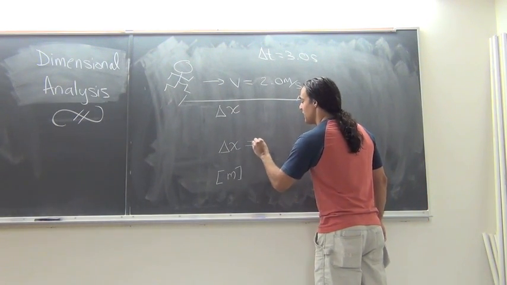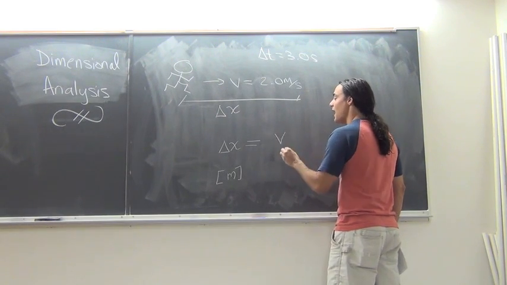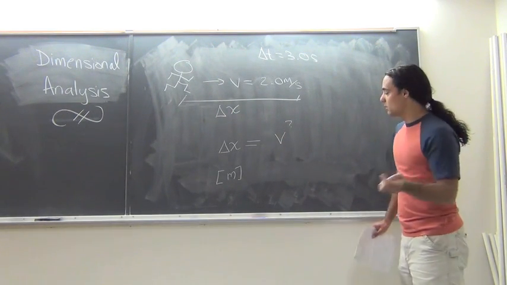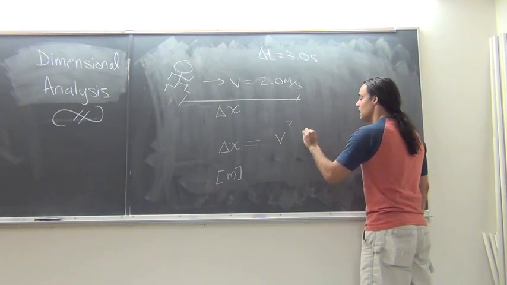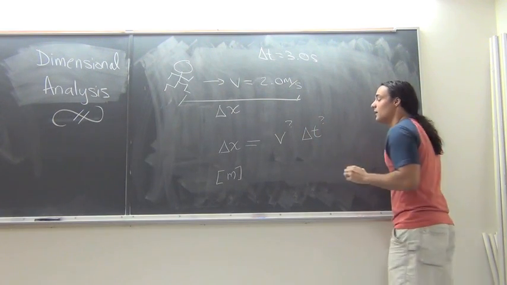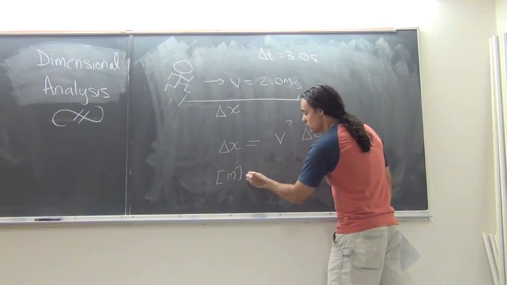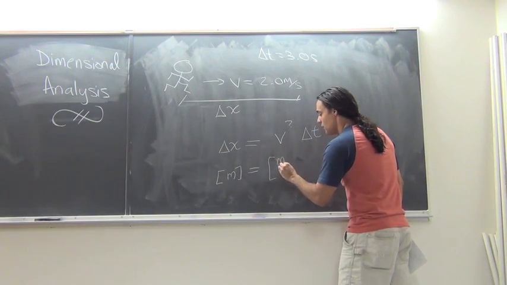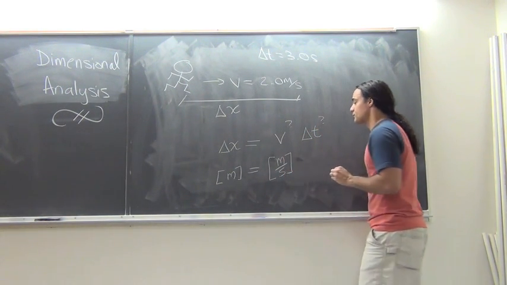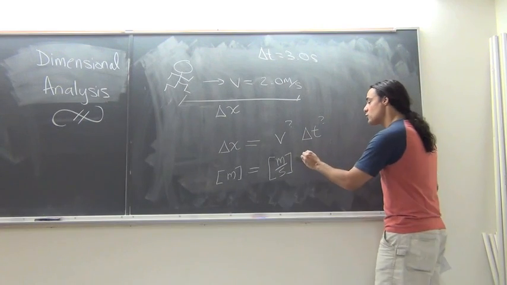So I want to set that equal to velocity, maybe to some power, times delta t to some power. Well, I know velocity is measured in meters per second. I know delta t is measured in seconds.